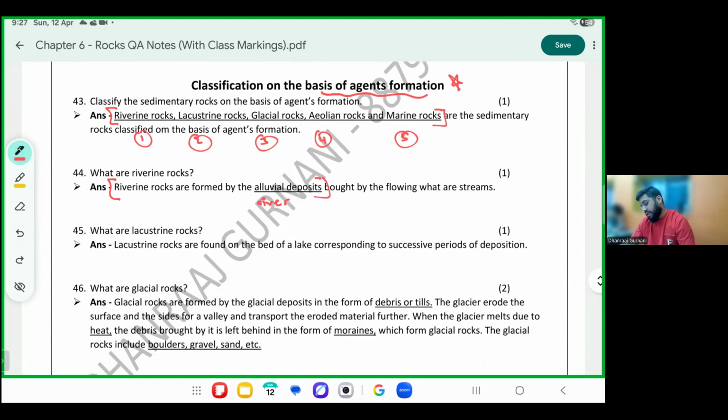Lacustrine, the word comes from lake. They are formed by lakes, found in a lake corresponding to successive periods of deposition. Deposition happens in the bed of a lake.